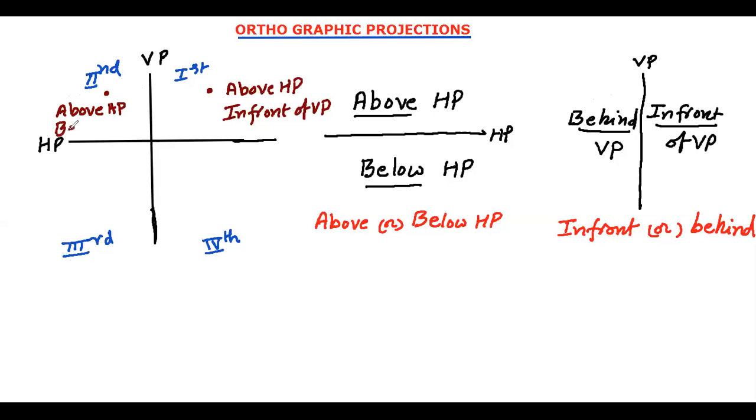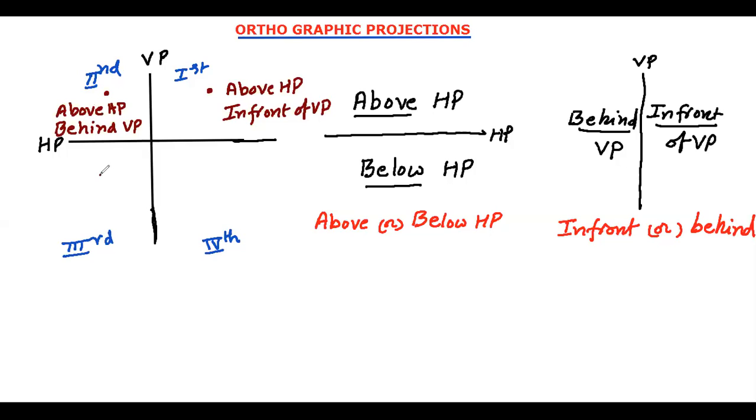So it is behind VP. What does that mean? Whenever a point lies above HP and behind VP, it lies in the second quadrant. Or when a point lies in the second quadrant, it means that it is above HP and behind VP.